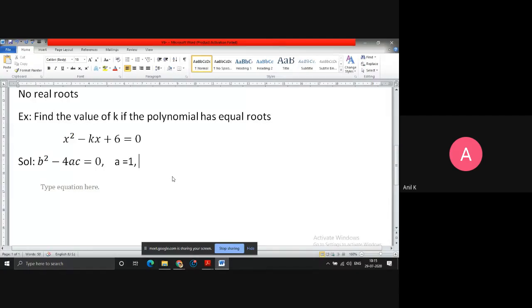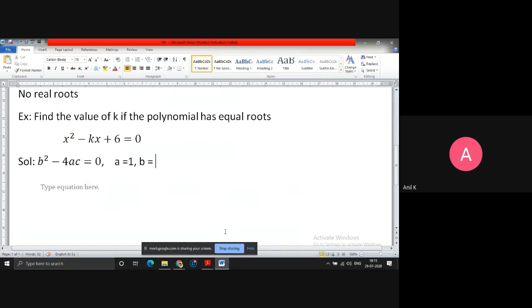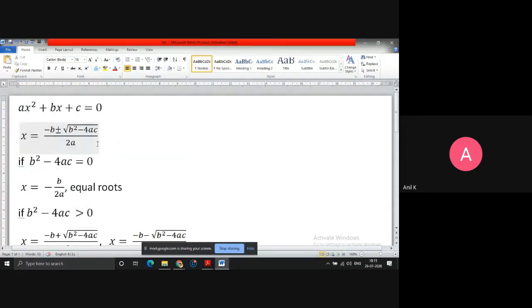A equals to 1, B equals to, let me see what you have given as the answer. If you have given k, your answers are wrong, it has to be minus k. You have to include the sign also, okay? Because in our earlier quadratic equation, all are positive values.